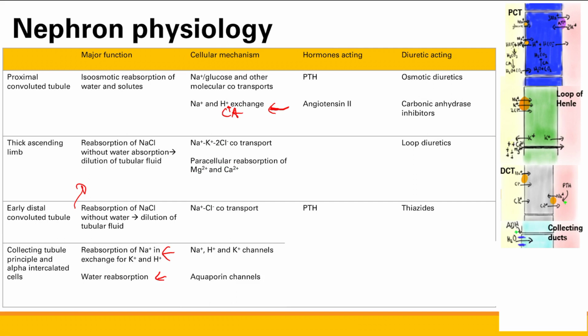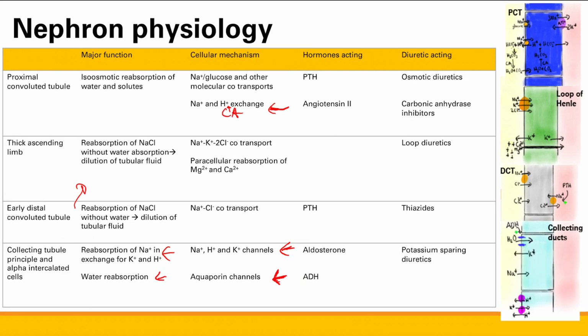What was the hormone that works on this one? Hormone that works on this one is aldosterone. Stimulates sodium reabsorption and K+ secretion, or H+ sometimes. And then what was the hormone that acts here that causes aquaporin placement and water reabsorption? Hormone is ADH.